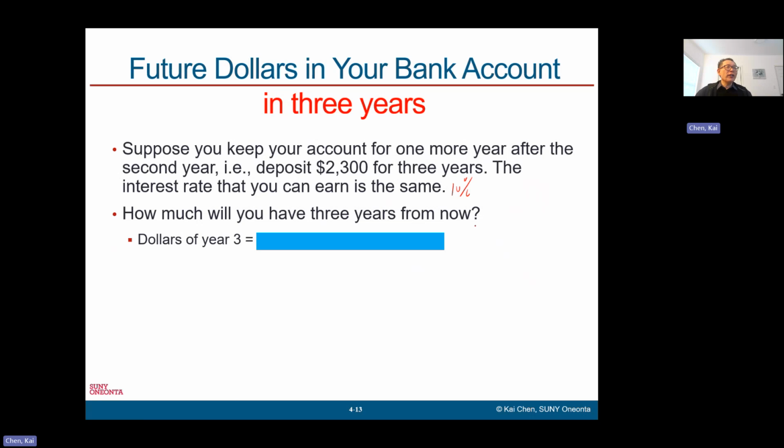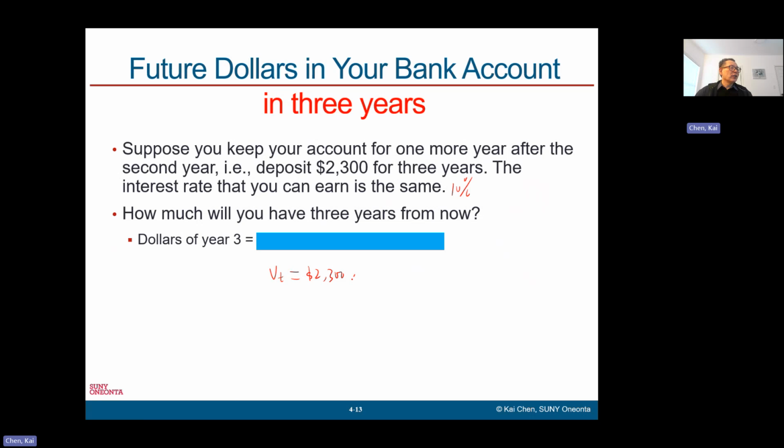The only different thing is now you hold your bank account for 3 years. We can use the formula to calculate. So that is VT or V3, the dollars at the end of 3 years, equals V0. What is V0?